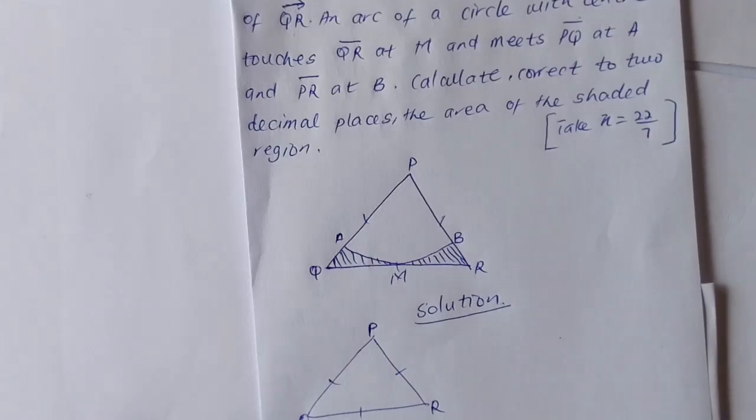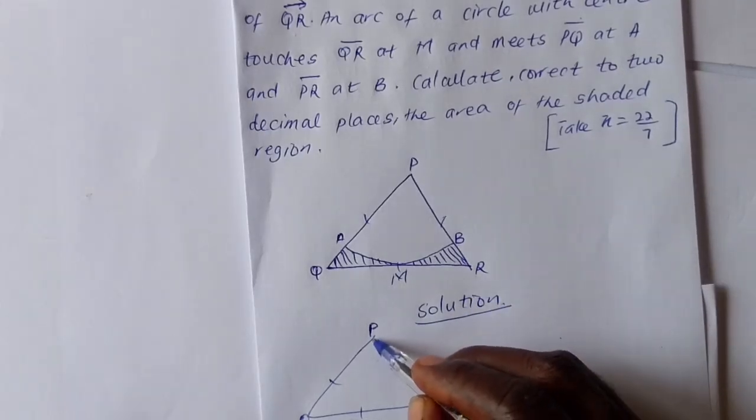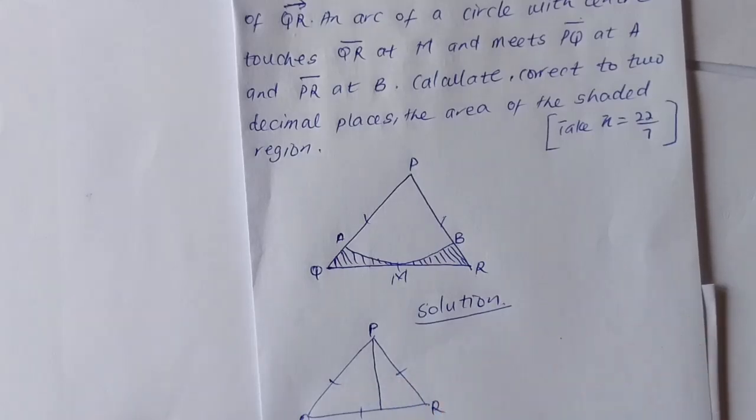Now, with an equilateral triangle, we draw a perpendicular line from P to touch the base QR. So this is perpendicular. Now, this diagram is not drawn to scale.